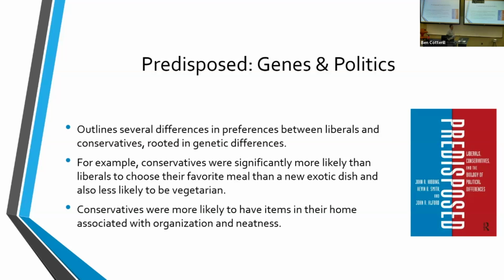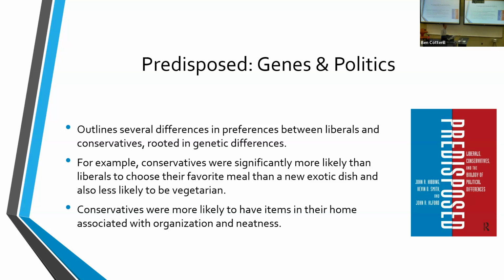Whereas those on the right were more likely to have their homes more in order. They were more likely to have laundry baskets and some other items to do with being orderly. Those on the left were more likely to drive foreign cars. Those on the right were more likely to drive American-made cars. Those on the right were more likely to have brand loyalty. Those on the left were more likely to shop around for the cheapest deal.